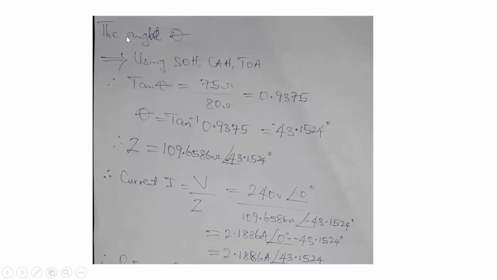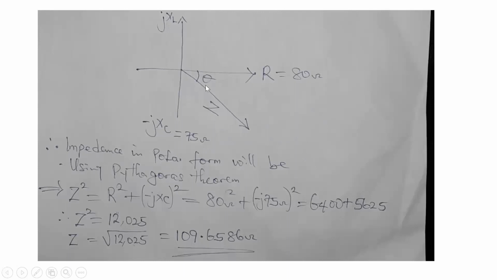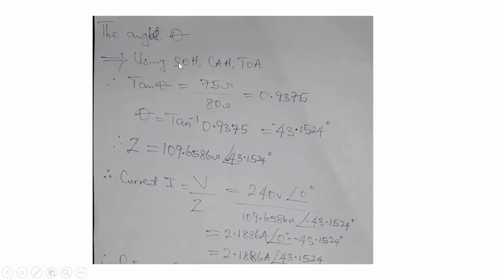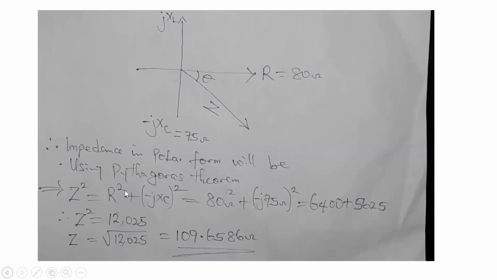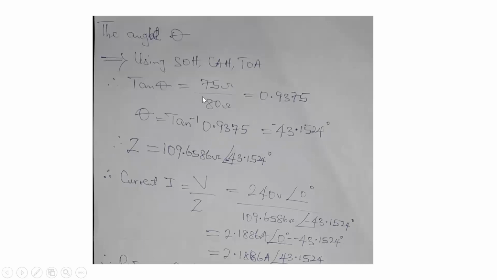Then you now get the angle theta, this angle here. And what you use is the normal thing you know, SOHCAHTOA. This is just plain mathematics that we are doing, which is tan theta. And why is it tan theta? Tan is TOA, opposite, which is this one here, over adjacent, which is R. Which is now 75 over 80. We have 0.9375.